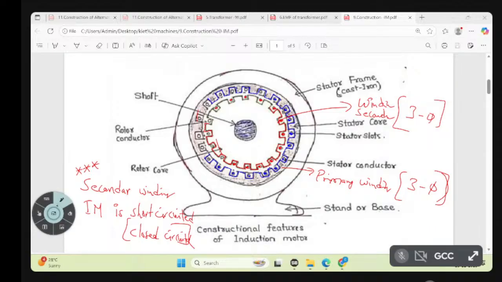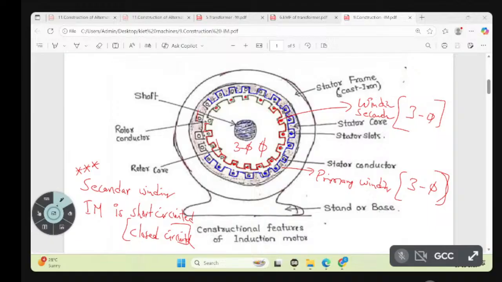These rotor conductors are also a three-phase winding. So this three-phase winding also sets up a rotating magnetic field, because voltage is induced here. So how many fields are there now?